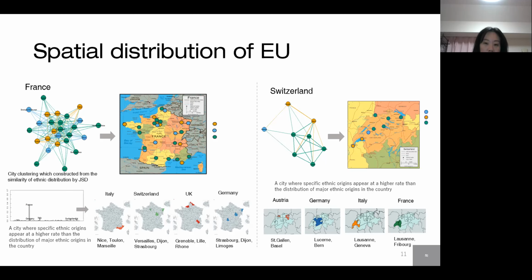And Orbis data contains data on business people, so we can interpret our analysis as a network of people in the economic field, not of the whole population.